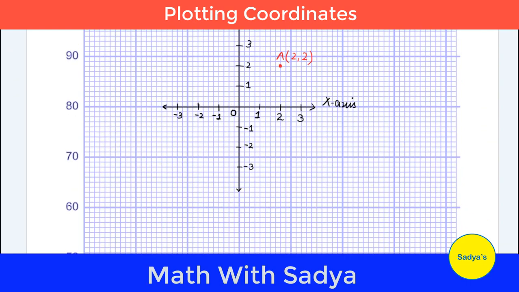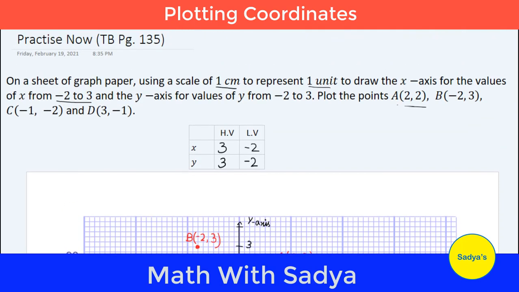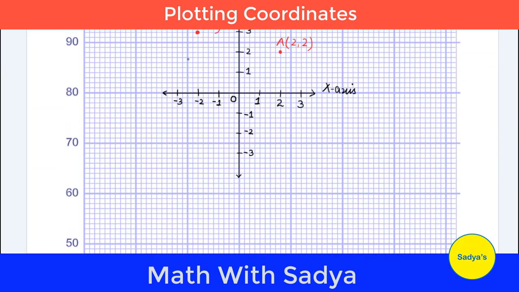Negative 2 is here, and 3 is upwards. So this is the point B (-2, 3). Then C is (-1, -2). Negative 1 is here and negative 2 is down here. So this is (-1, -2), and this is C.